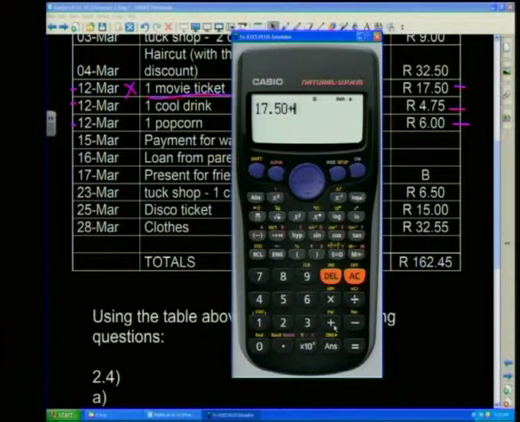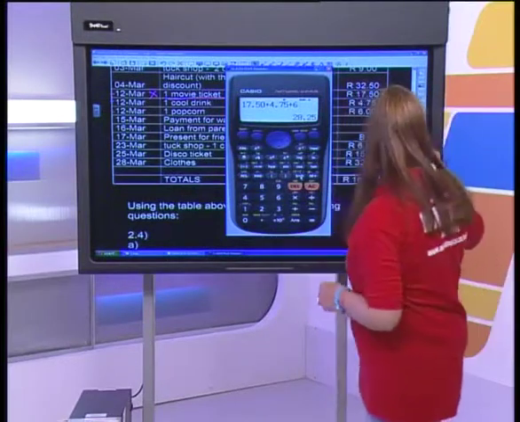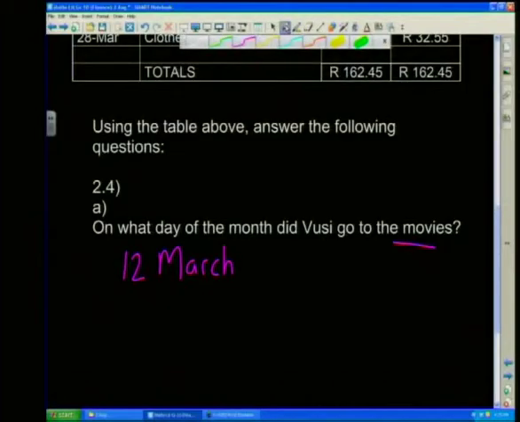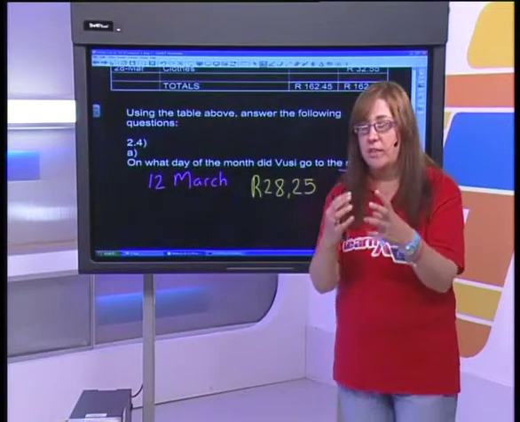And he bought himself a cold drink for 4.75 and popcorn for 6 Rand. So in actual fact, he paid 28.25 on that day. So let's go back and fill that in. Okay, it was 28 Rand and 25 cents. So that is the amount that he spent at the movies.